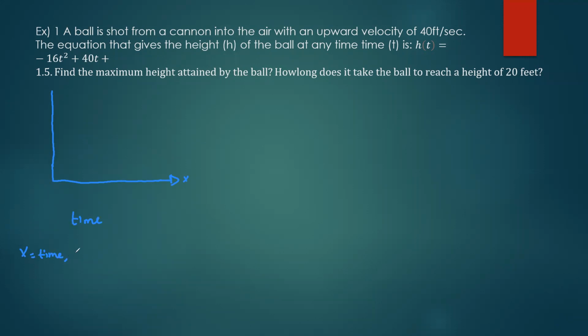And what do you think the y value is going to be? I believe it would be height. We are in feet. That's the first thing I would do, figure out what would be considered the x and y. So y is height, and they tell us that we have a quadratic function h of t.